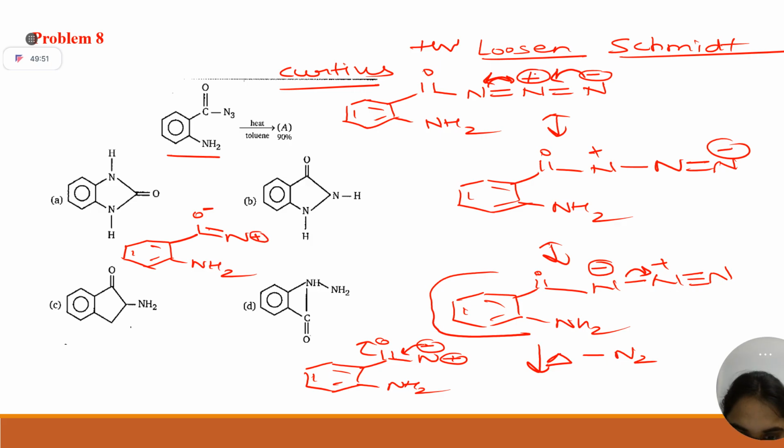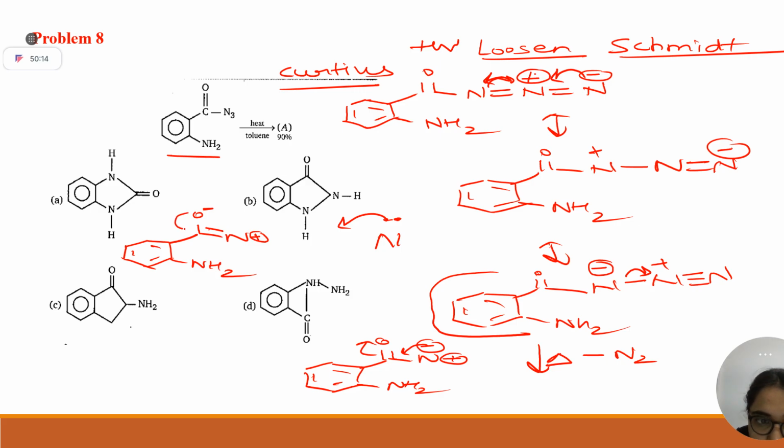Because the negative we have done conjugation. Again, I am telling this for your understanding. In actual, it is nitrene, like this. You can just show it like this, but in reality one positive charge is left here.